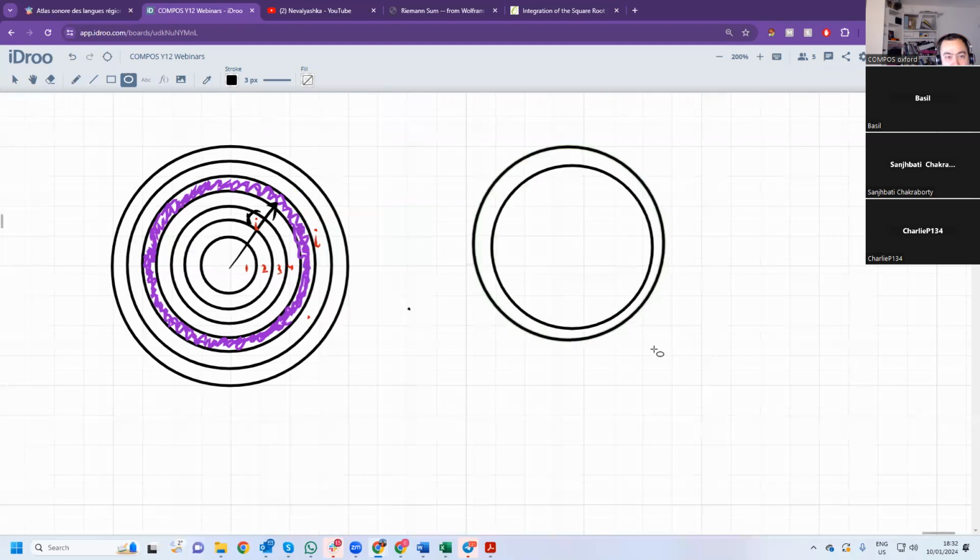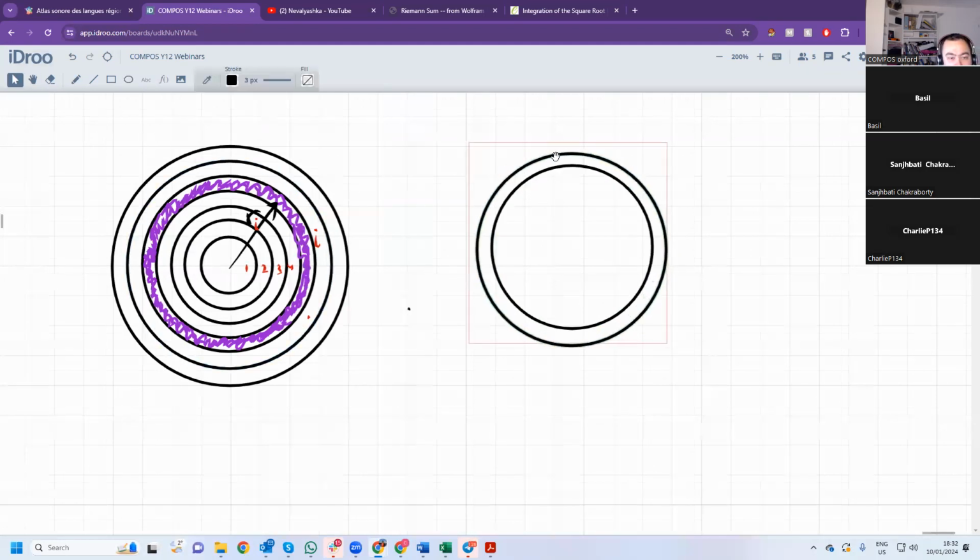So this is the ith ring, and it has a radius of r_i. Let's say the width of this ring is delta r.